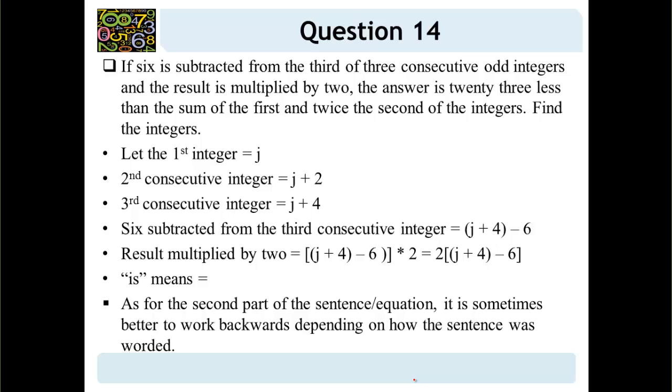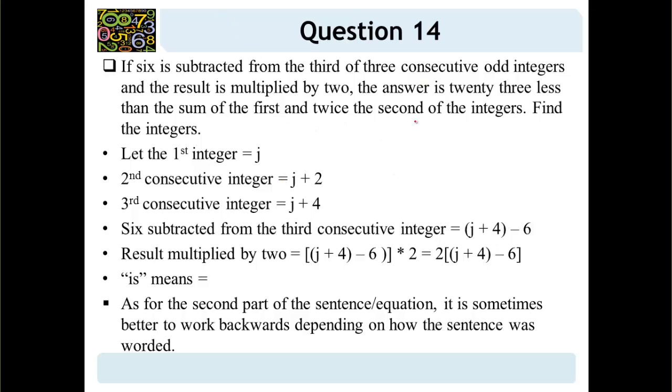Find the integers. Now, some students, when they see this kind of question, don't want to attempt it at all. Sometimes problems are written long so that you get confused and quit, but you will not quit. We have to do it.